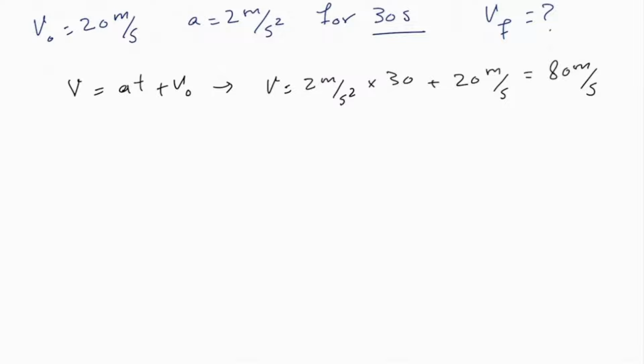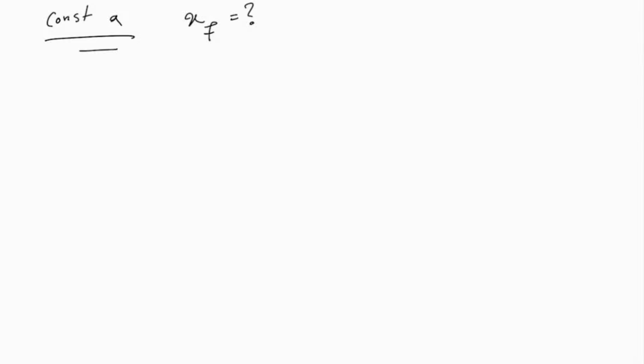Now, let's obtain a new and very useful equation. We can use this equation when we have an object with constant acceleration and we want to find the final position. Let's start with our most recent equation. So v equal at plus v0.